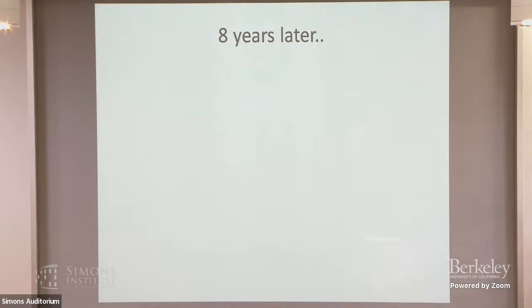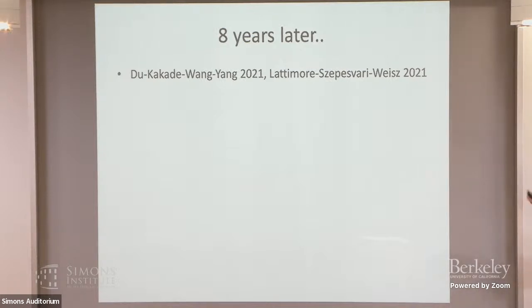And even in the interim period, people were busy with other things, but 8 years later, this paper by Du, Kakade, Wang, and Yang appeared, and that inspired us, among others. And this then sparked a number of other results. And so now, I want to tell you about all these exciting developments that happened since then.